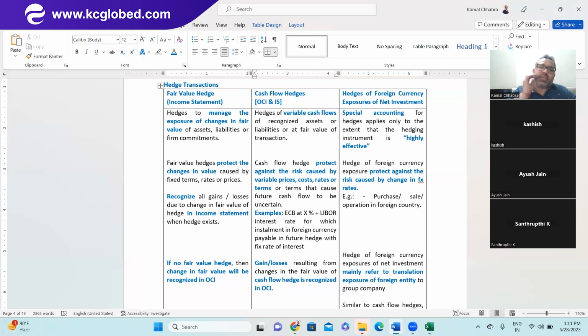So cash flow hedge protects against the risk caused by variable price, cost, rate, or terms. For example, if you remember, yesterday we were discussing an example of a petroleum product.